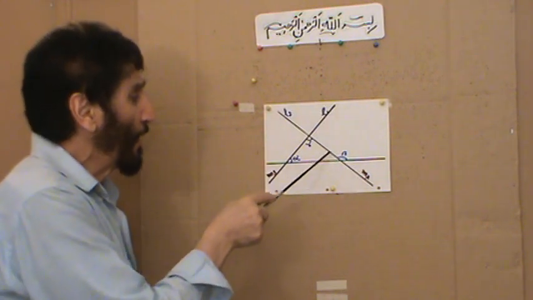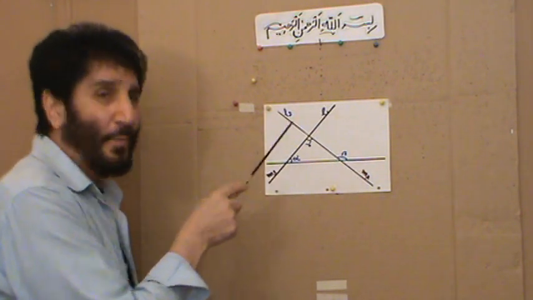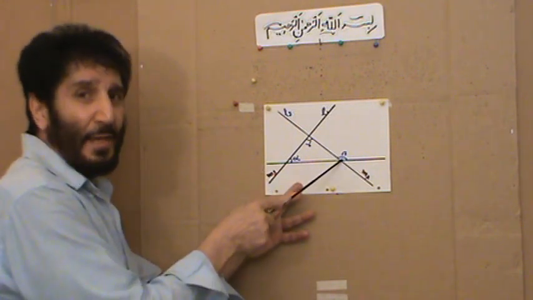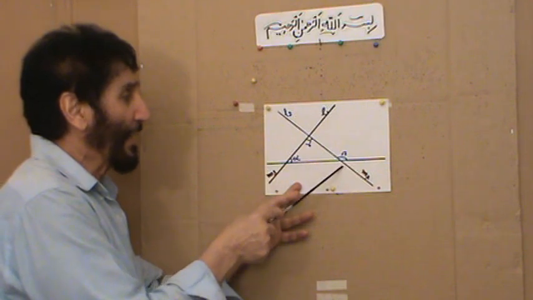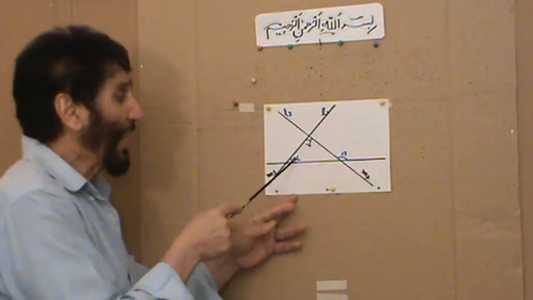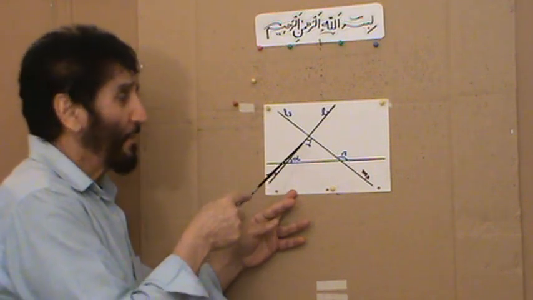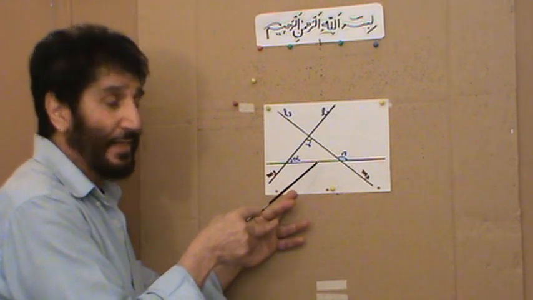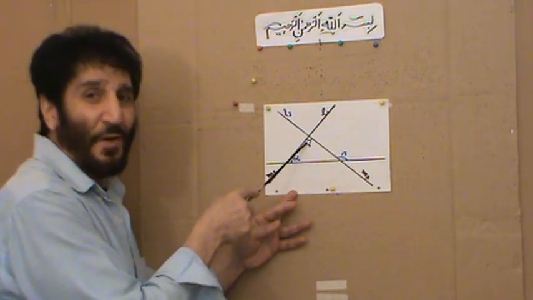Now, beta equals alpha plus gamma. So that means I do know the angle beta because it's the angle that L2 makes with the horizontal axis. I know the angle of alpha, which is the angle that this line makes with horizontal axis. But from these two I can find gamma.